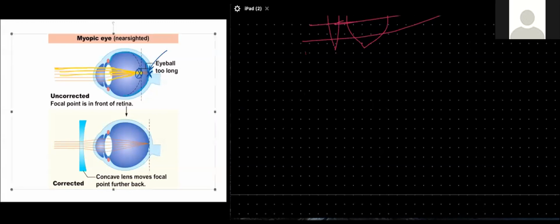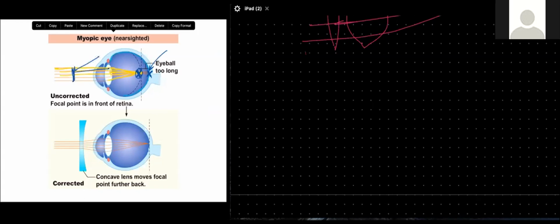Do I need extra convergence power, or would I need to weaken the convergence power in this case? If I have myopia, nearsighted vision, I see close objects better. Why close objects? Because they are emitting divergent light rays.